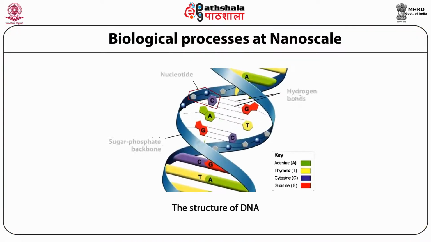Biological processes at nanoscale. Nature has almost perfected the art of biology over billions of years through millions of processes that occur at nanoscale. Most of the inner workings and functions of cells occur at nanoscale.